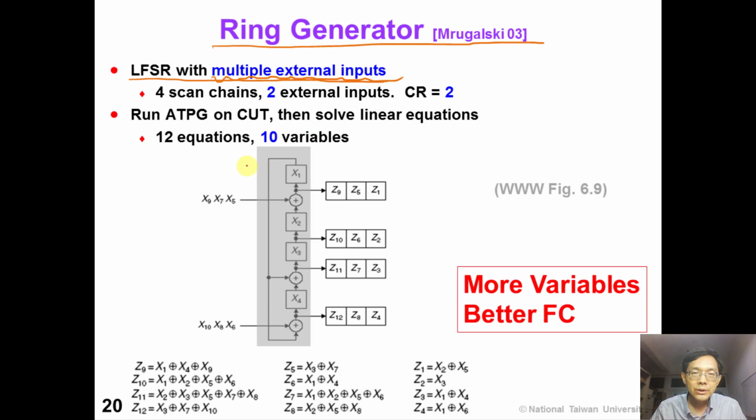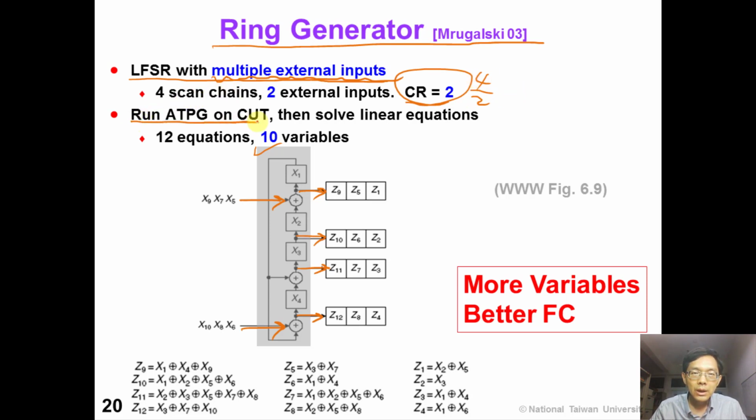For example, this figure shows an example ring generator with 2 external inputs that feed 4 scan chains. So in this way, the compression ratio is 4 divided by 2, which is 2.